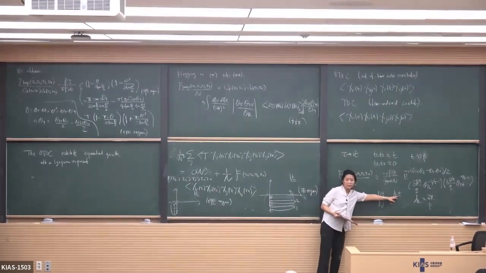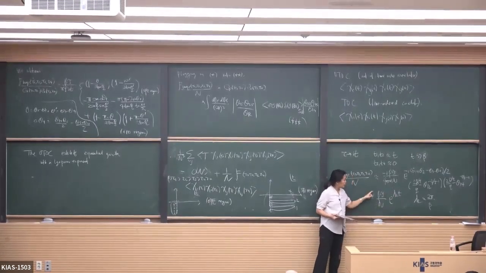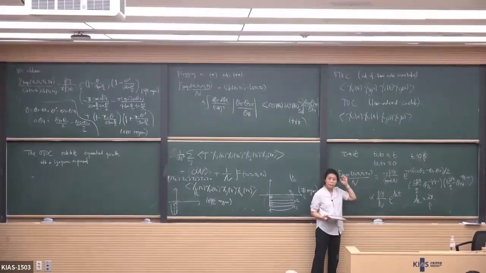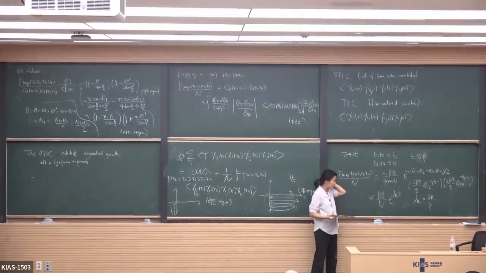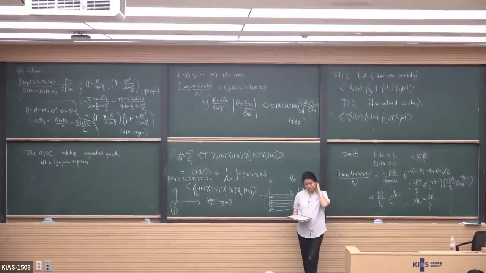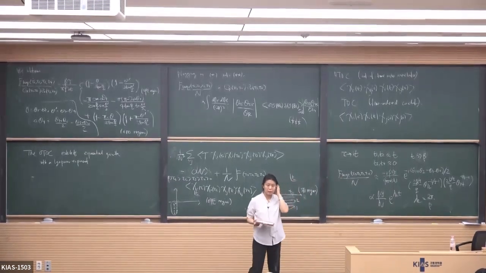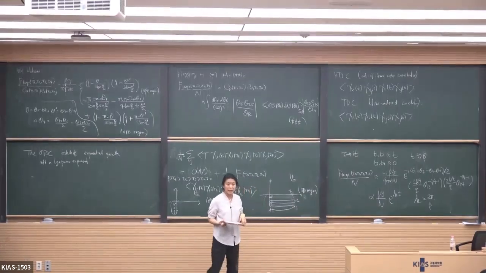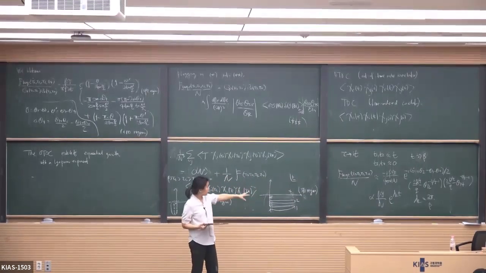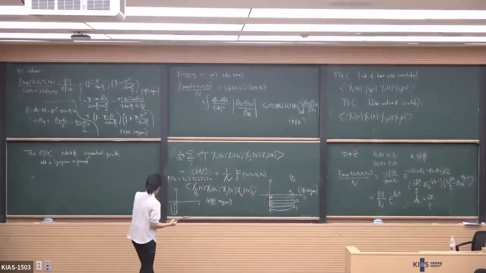For small times, it goes like beta J over n, which is small in our regime of parameters, where beta J is much smaller than n. But if you wait sufficiently long, the exponential factor grows, and so the entire thing goes like order 1.